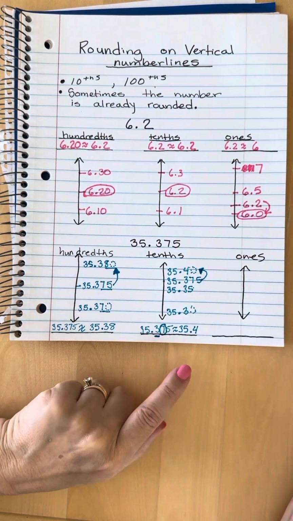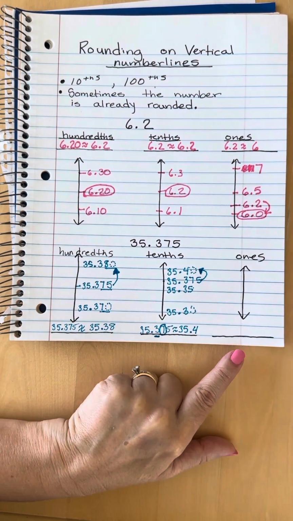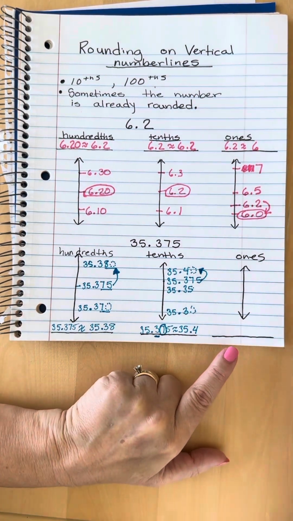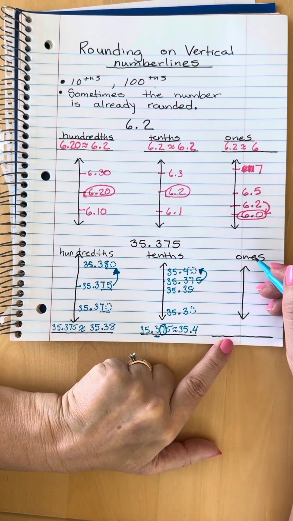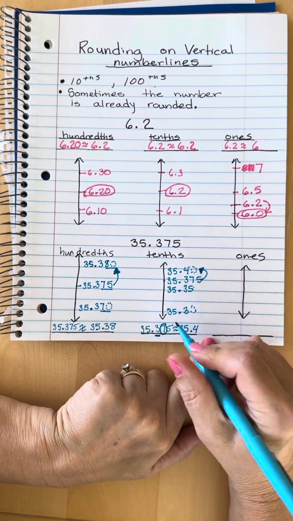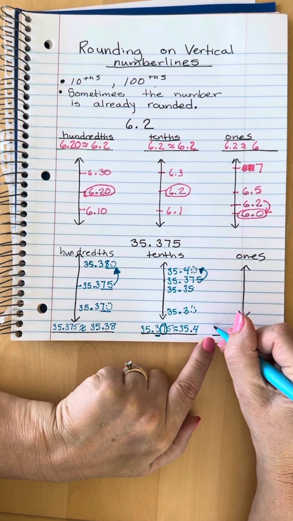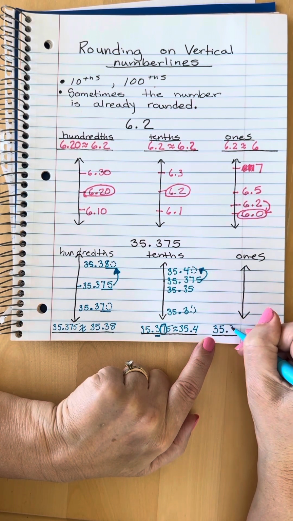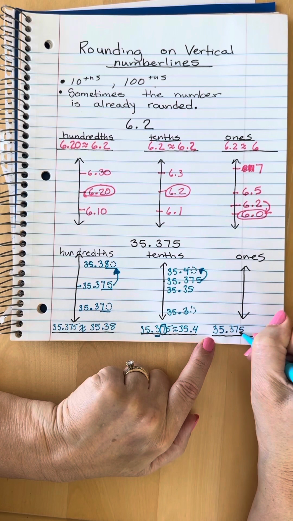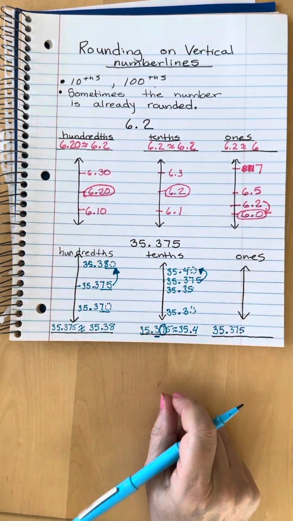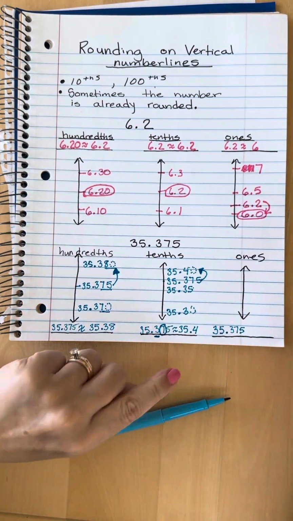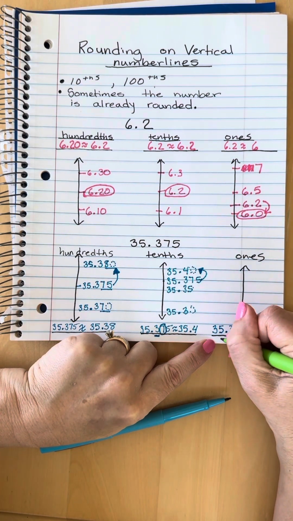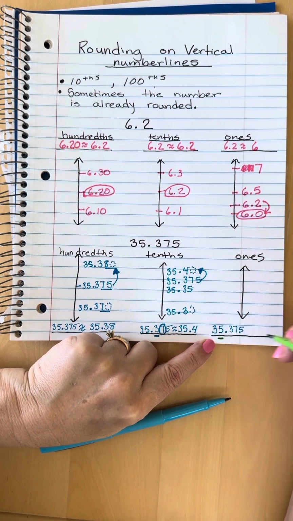Let's take a look at this rounded to the nearest ones. So rounded to the nearest ones. Well, let's write the number down here and kind of mark it up so I can show what I'm thinking. Here's 35 and 375 thousandths. This is my number. And if I mark this number up, I'm looking at my ones place. So let's go ahead and underline the place I'm trying to round it to.